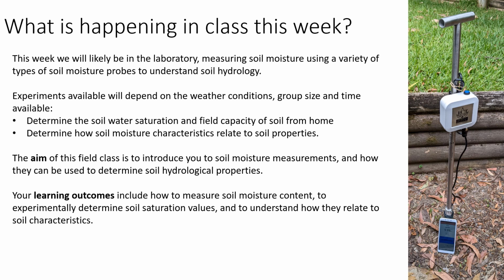Whatever we do, the aim of this class is to introduce you to soil moisture measurements, an example of a soil moisture probe there on the right hand side, and how they can be used in field and laboratory experiments to determine soil hydrological properties. And your learning outcomes will include how to measure soil moisture content and how to experimentally determine soil saturation values and measure some basic soil properties.